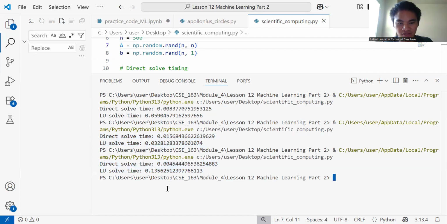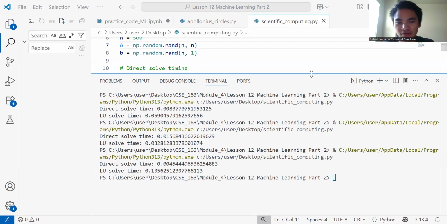Surprise. That's a 500 matrix. So direct solving is way, way quicker than LU. But when we computed it in theory, it shouldn't be.